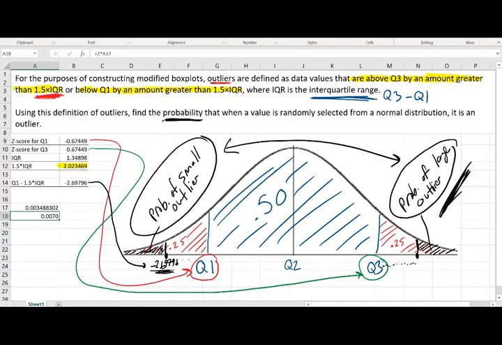So it looks like final answer 0.0070, or 0.7%, that a randomly selected value from a normally distributed data set will be an outlier. Okay, that does it for this one. Hope it helps.